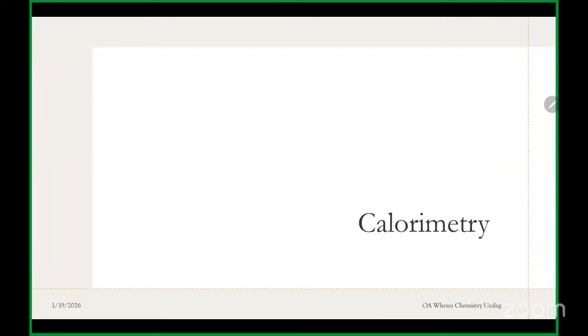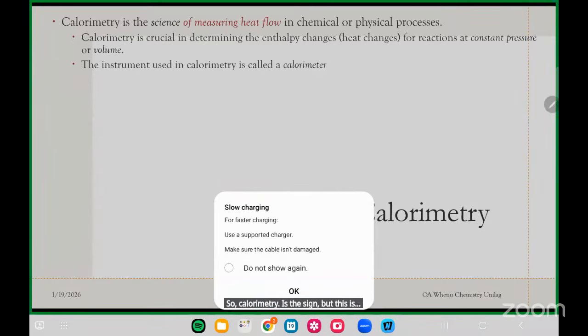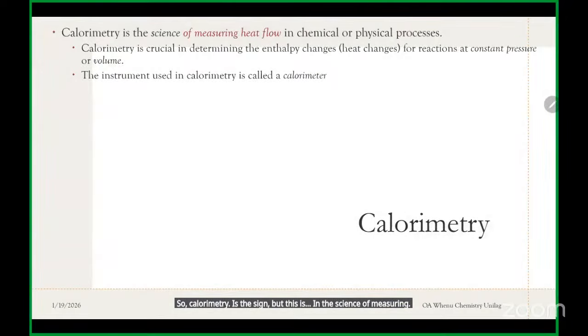So calorimetry is the science of measuring heat flow in a chemical or physical process. When we're talking about chemical processes, that's chemical reactions; physical processes are those that don't change the substance.